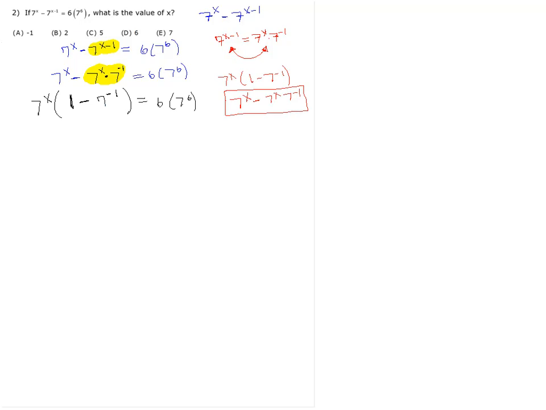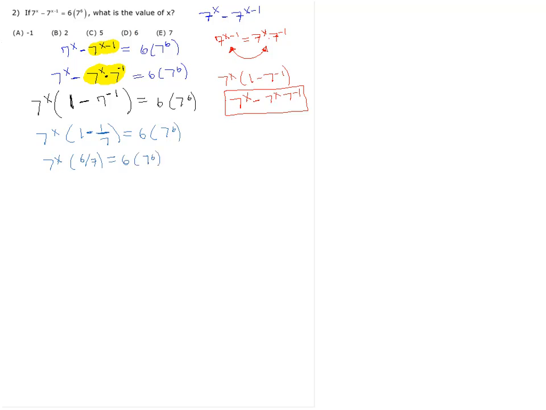So we know the work we've done here is good to go. Okay, so I would rewrite this. This is 7 to the x times 1 minus, well, let's call it what it is. 7 to the minus 1 is 1 over 7. No need to keep things with negative exponents. Let's just keep whittling it down. 1 minus 1/7, of course, is 6/7.